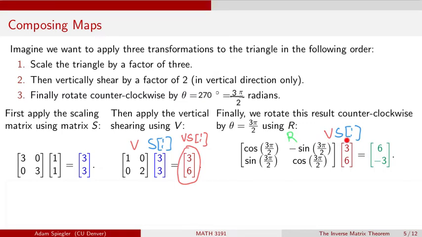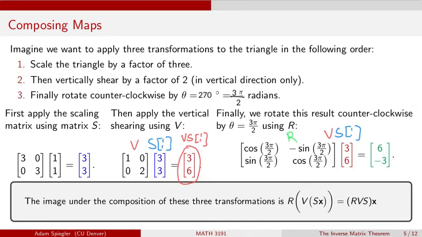So applying these three transformations in this order means we took 1, 1, we first multiplied on the left by matrix S, then we multiplied that on the left by matrix V, then we multiplied that on the left by matrix R. And by the associative property of matrix multiplication, we see that under the image of the composition of these three transformations, we could apply them in this sequence, or we could multiply the matrices in any other order that we like.